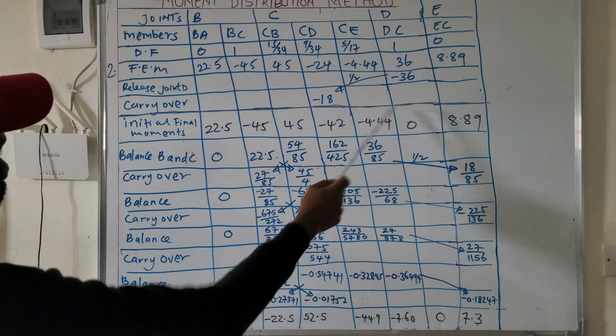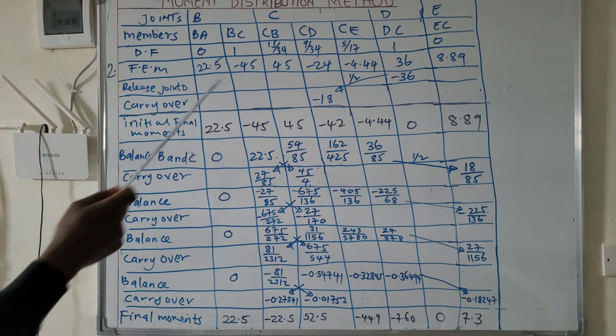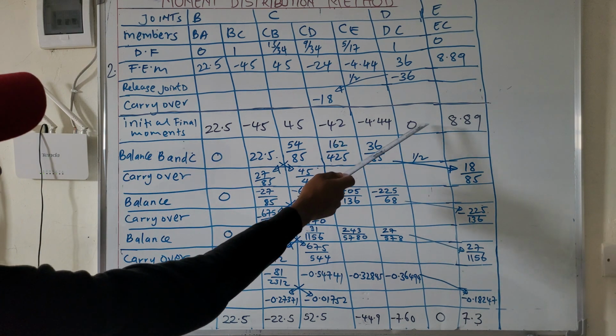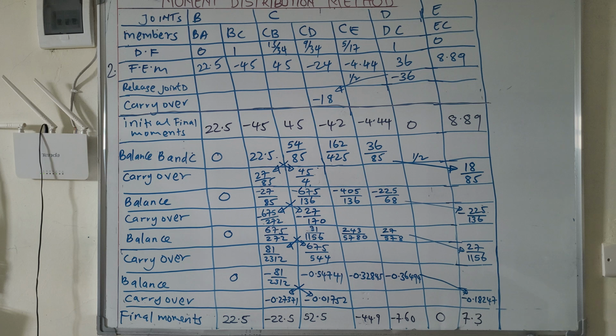So there is no way you can carry a half of this value to this member. So you go to CE.